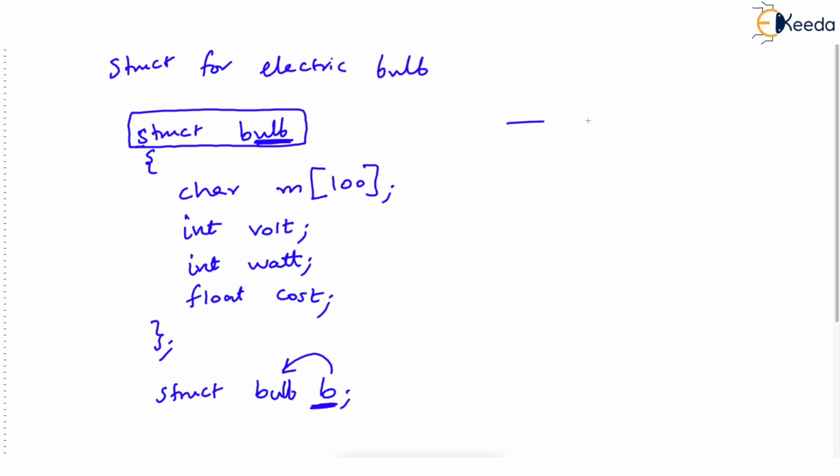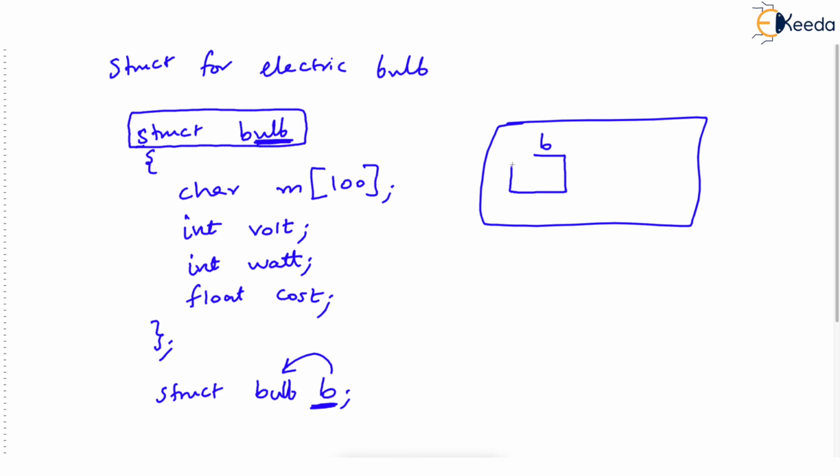Then B will have place in the memory. This is memory and B will have some place, and B is not a simple variable. B is of type bulb. Then whatever bulb has, it has manufacturer name, it has voltage rating, it has wattage rating, and it has cost. All four things will be in this bulb variable.